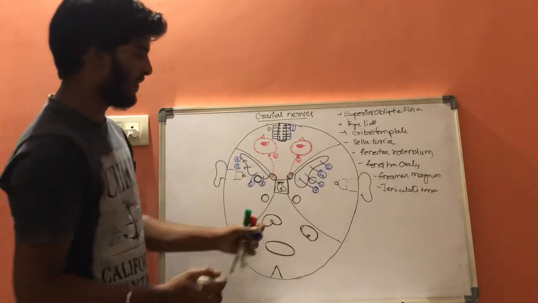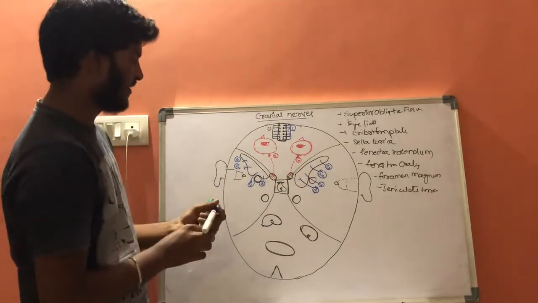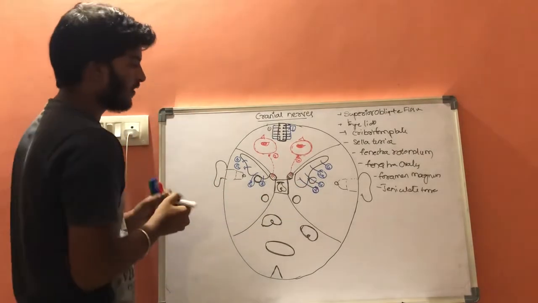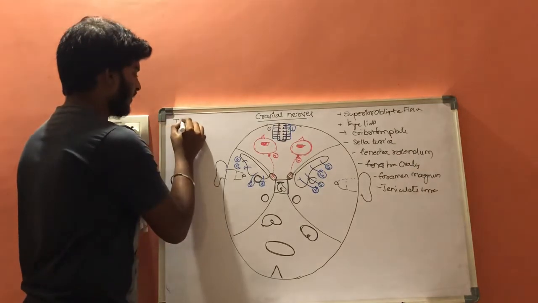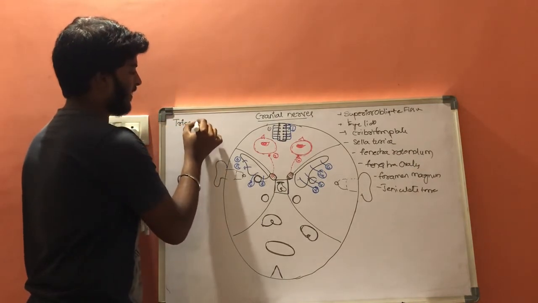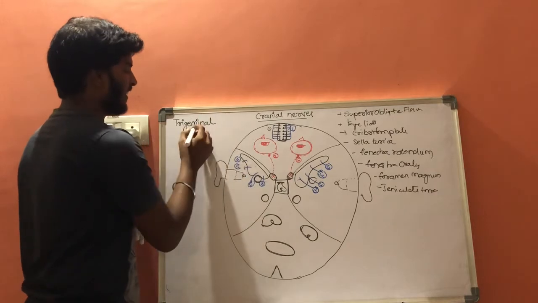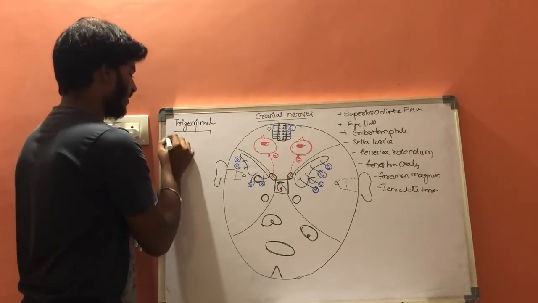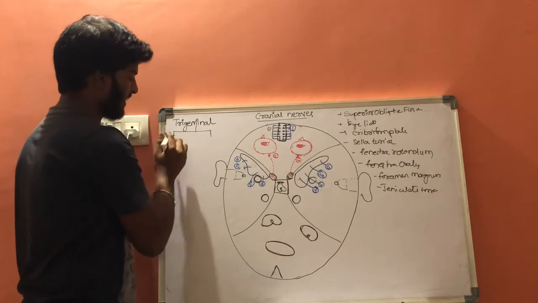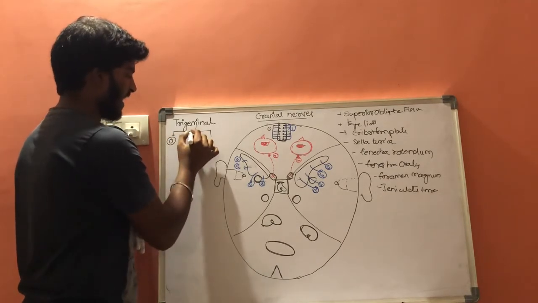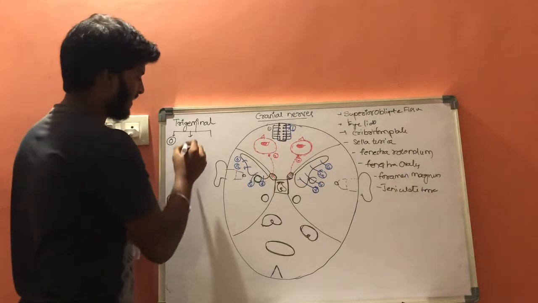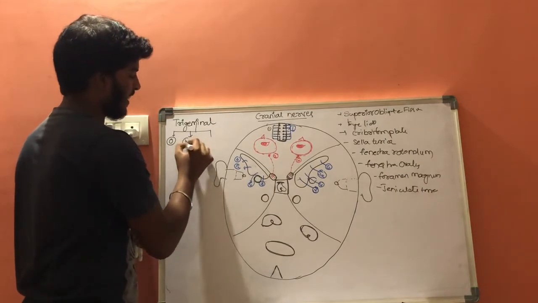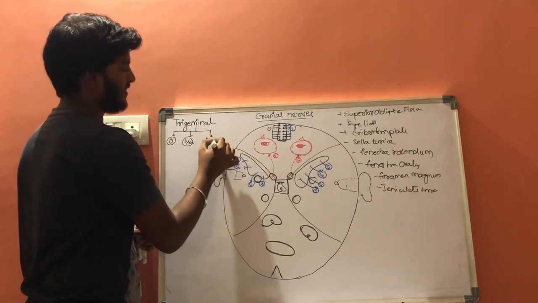What does 5A mean? As we discussed, the fifth type is the trigeminal nerve. The trigeminal nerve is divided into three subdivisions. One is the ophthalmic division, another is the maxillary division, and the other is the mandibular division.